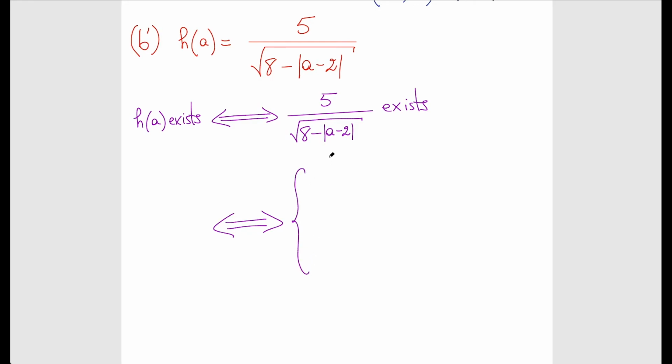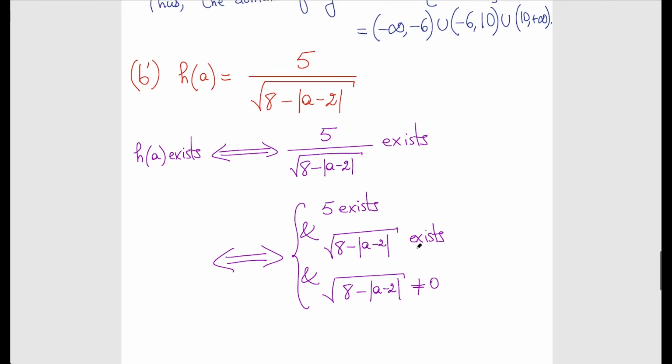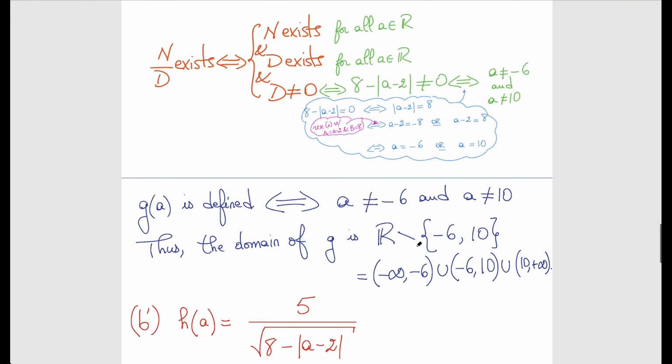So if and only if the numerator exists, so 5 exists, and the denominator exists, so the square root of 8 minus the absolute value of a minus 2 exists, and the denominator is not 0. Correct? So what have I used?